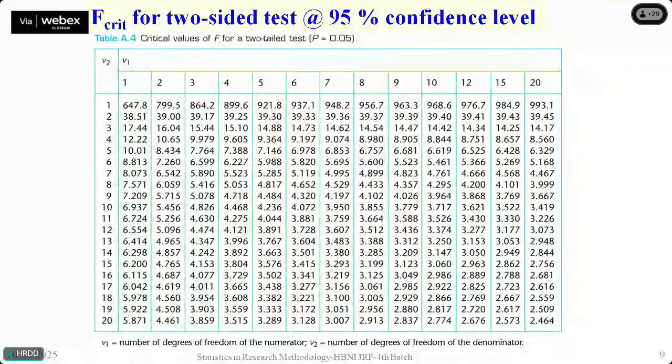This particular one is the two-sided F table at 95% confidence level. The general consensus is that you go for a two-sided test if not mentioned explicitly, and go for 95% confidence level in all statistical tests.